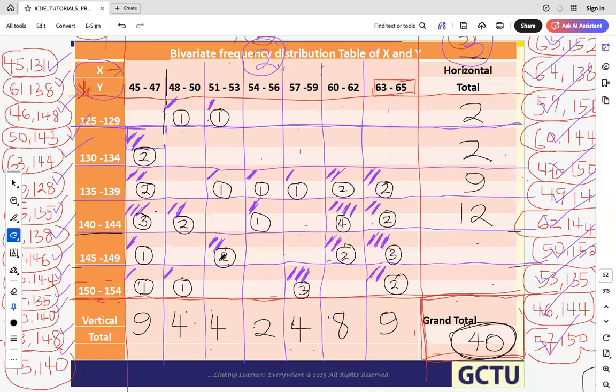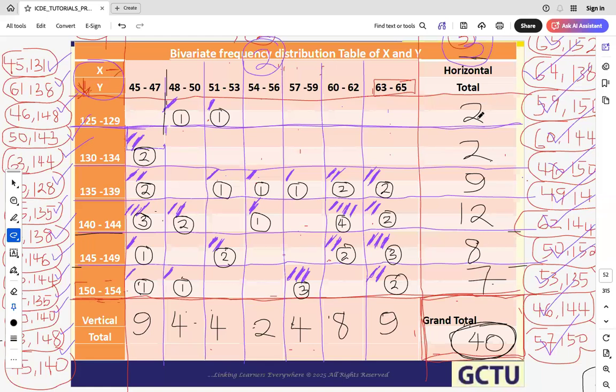Then we have 1 plus 2, 3. 3 plus 2, 5. 5 plus 3, 8. Then finally we have 1 plus 1, 2. 2 plus 3, 5. 5 plus 2, 7.